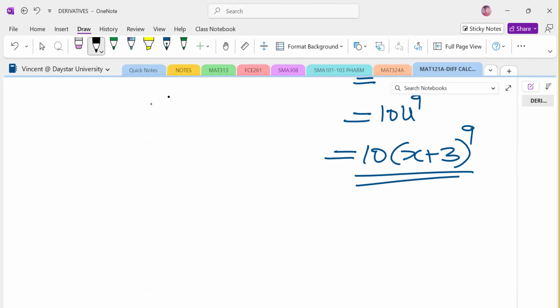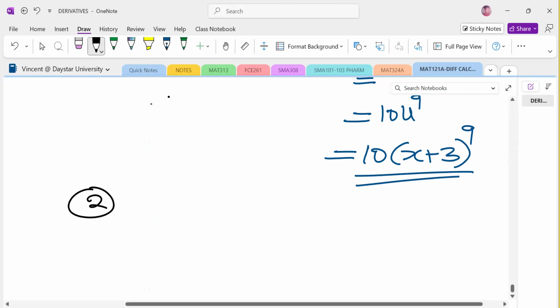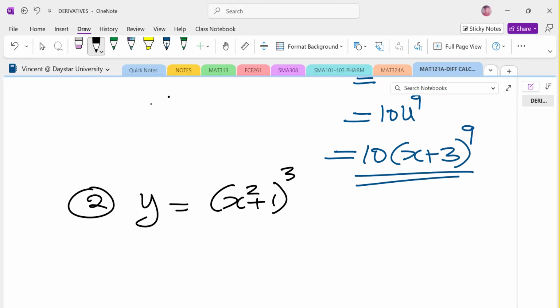Then example 2, y is given by x squared plus 1 power 3. So who can tell us the best choice for u in this case? X squared plus 1, correct.